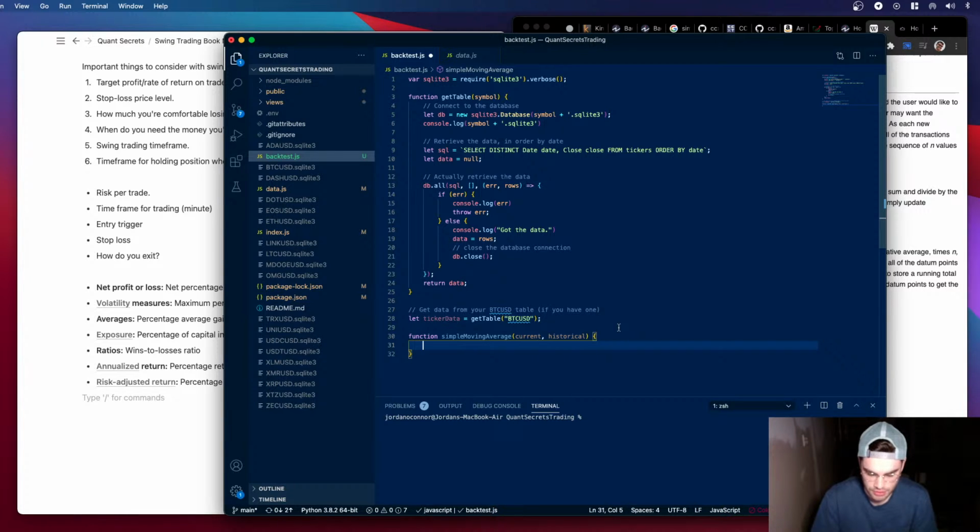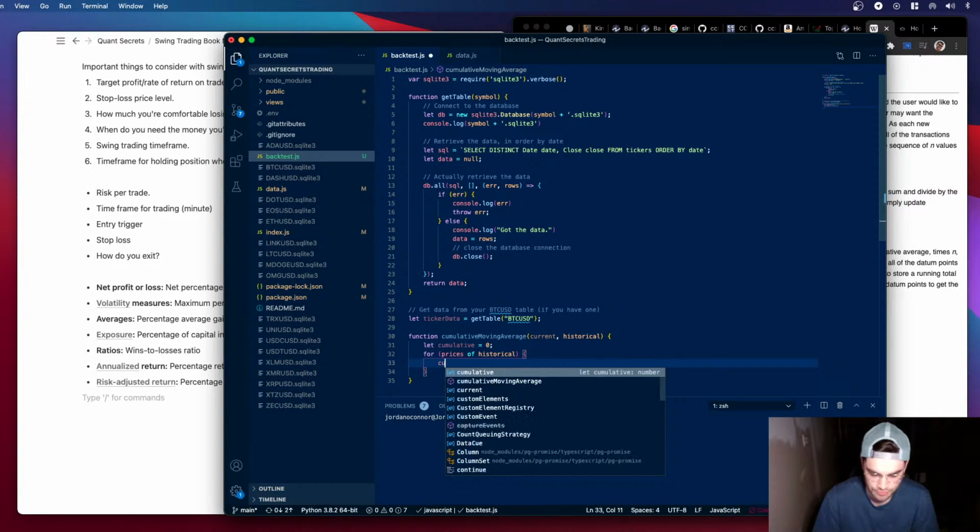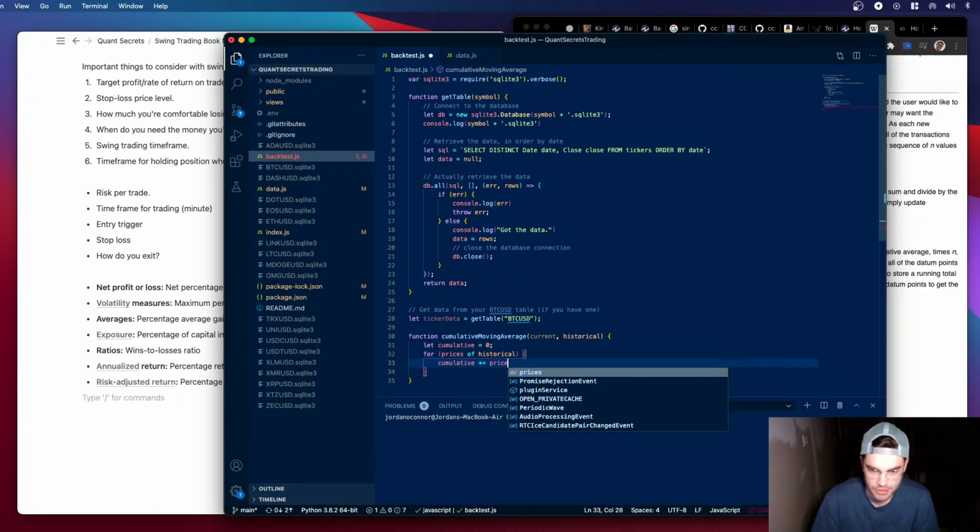So I'll do for prices of historical, and then I'll have let cum. Cumulative plus equals price.